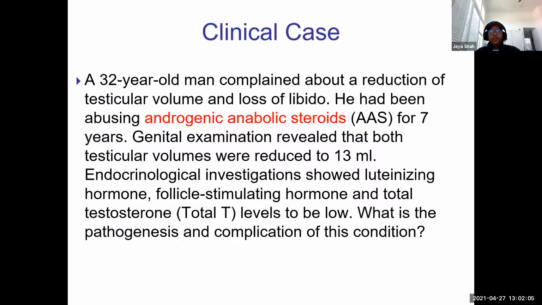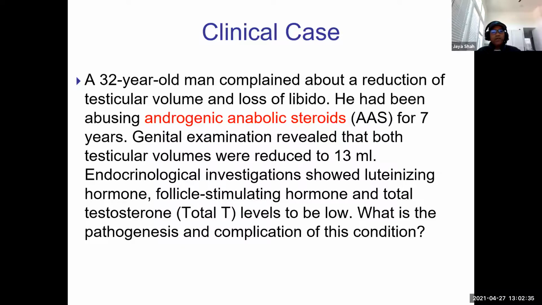Genital examination revealed that both testicular volumes were reduced to 13 ml. Normally, the testicular volume is 23 ml. Endocrinological investigation shows luteinizing hormone, LH, follicle stimulating hormone, FSH, and total testosterone, total T levels are below the normal.